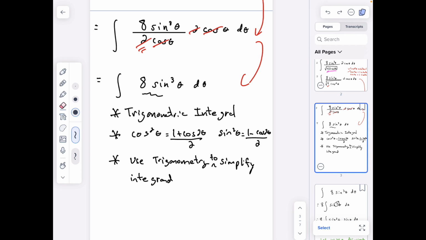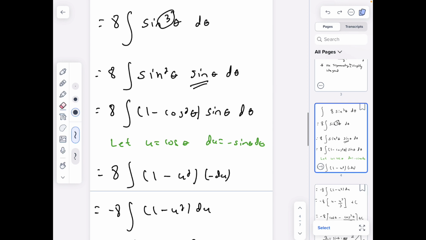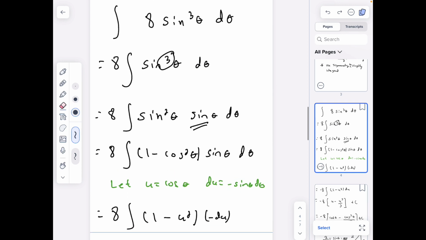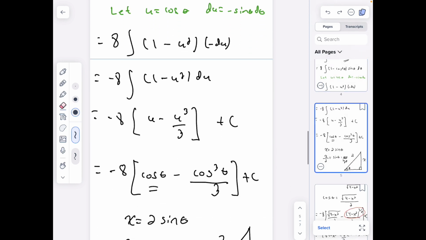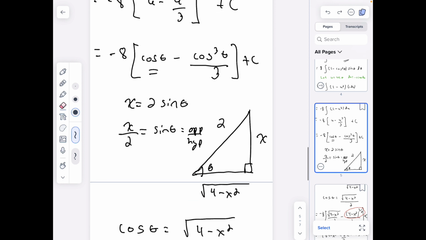And as I said, mainly it's either a trigonometric integral, or you get something that says cosine squared or sine squared. You can use those identities, or you use a little more trigonometry to simplify the integrand. And in this case, we use a trigonometric integral to solve. And at the end of the day, you can't forget that you have to plug things back into x.